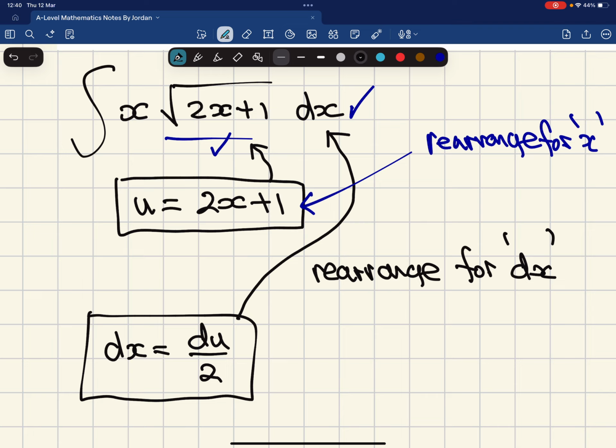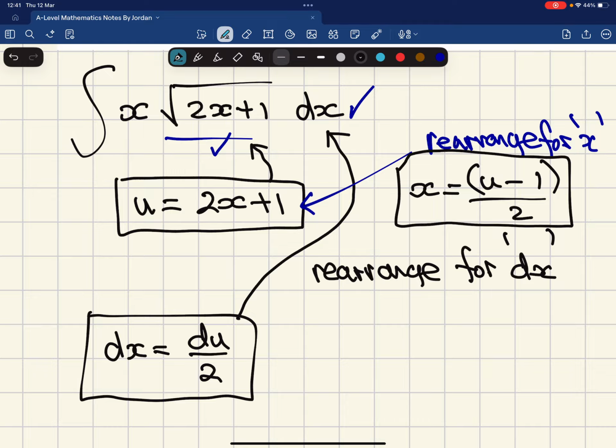And so what we'll find then is if we take the 1 to the other side, we'll get that 2x is u minus 1, and therefore x will be u minus 1 divided by 2. And you see then I also have a substitution there for x, which can go here. So I have something for everything there.